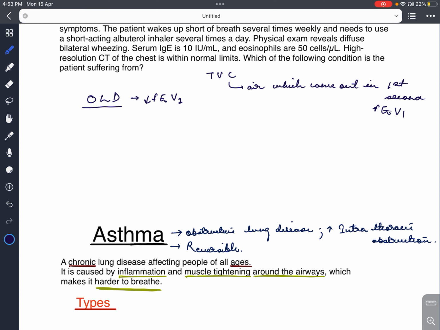And I told you earlier that in obstructive lung disease we have a decreased FEV1, that is, a value of FEV1 that is less than 80%, or you can say less than 0.8. So in all obstructive lung disease, we have a decreased FEV1, less than 80. So even in asthma, the patient will have a decreased FEV1.